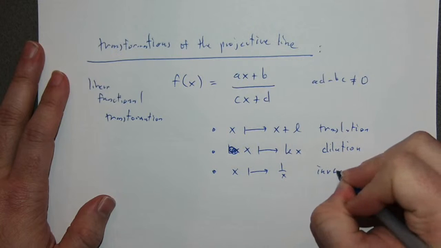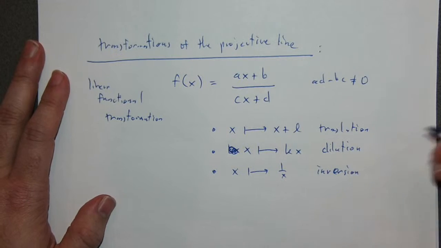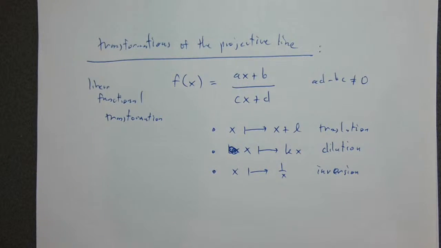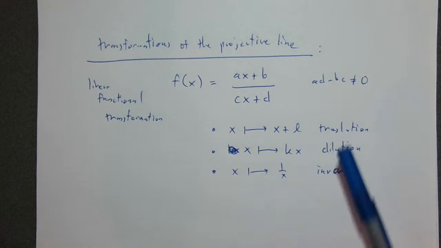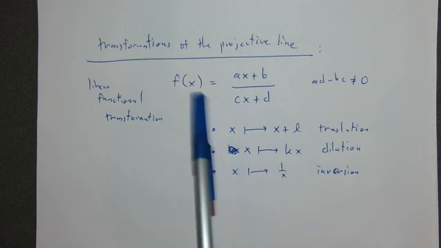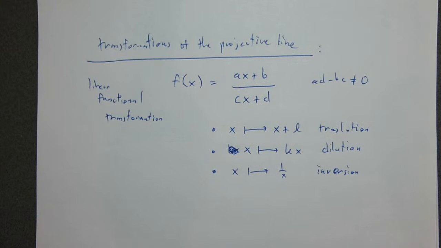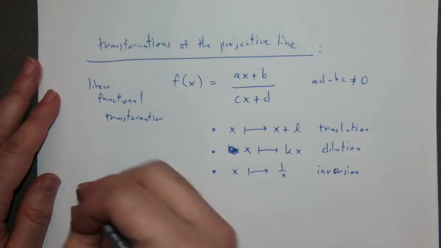And so we proved, when we first talked about this at the end of chapter 5, that any transformation of the projective line was a combination of these. And the general form of a combination of these things is a linear fractional transformation, AX plus B over CX plus D. Now, of course, you see exactly what I'm going to say here.